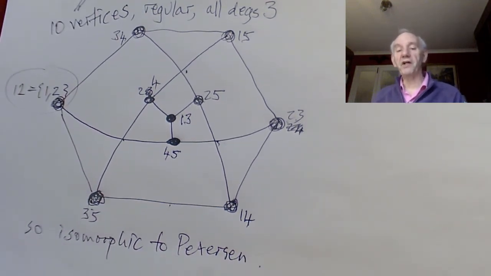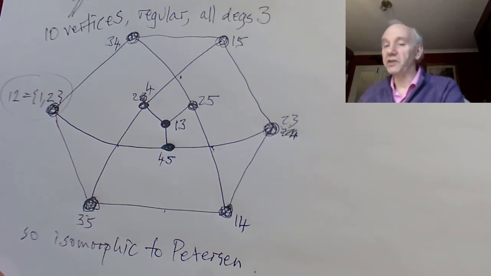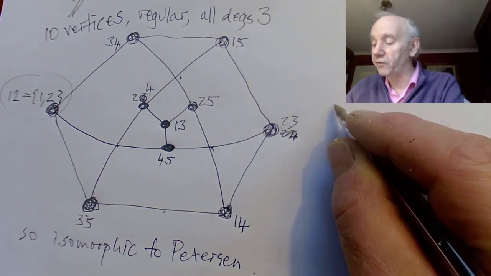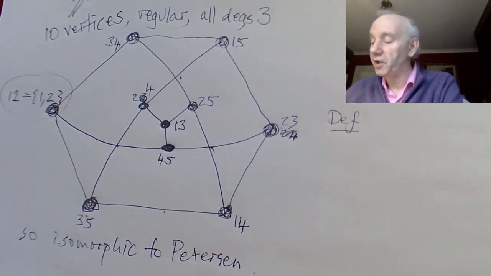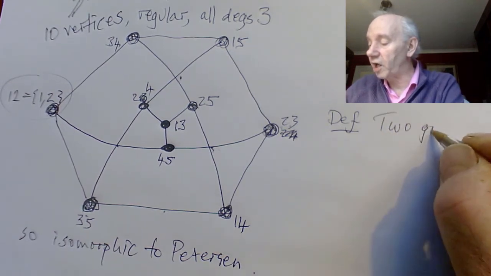I'm going to give you another proof that they're equivalent or isomorphic graphs, but let me define the notion of isomorphism. And this will be for simple graphs. The definition is a tiny bit more complicated if the graph is not simple, but you can read that in the notes. So definition, two graphs. Now what is a graph?